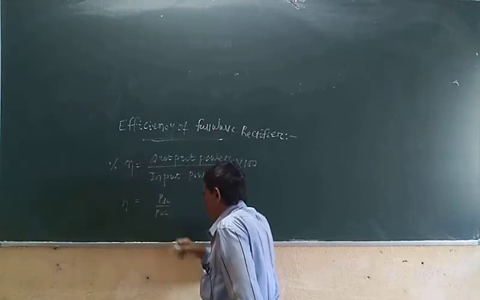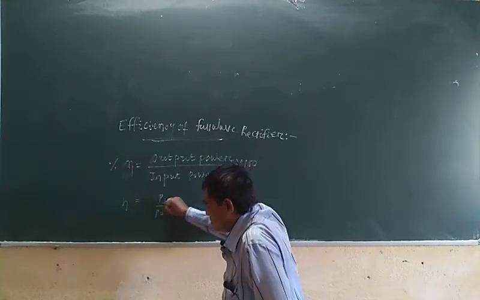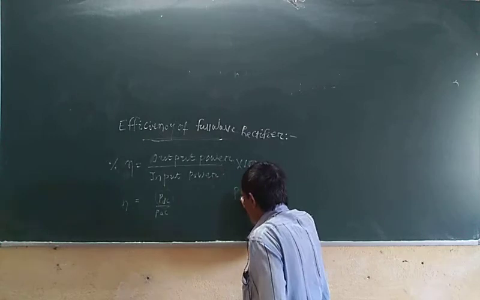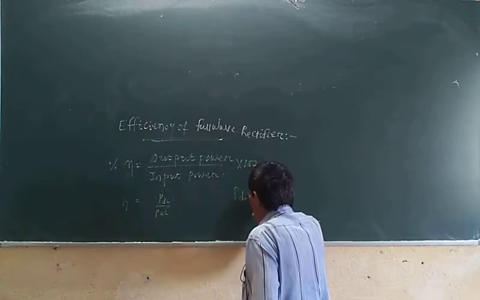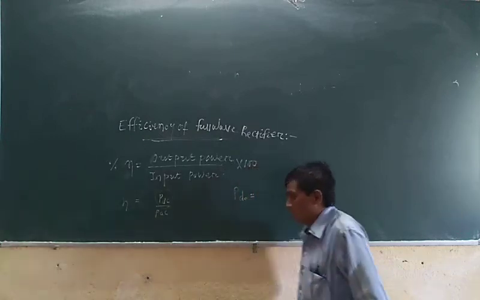So eta is PDC by PAC. Now calculate the output power PDC. PDC means output power.